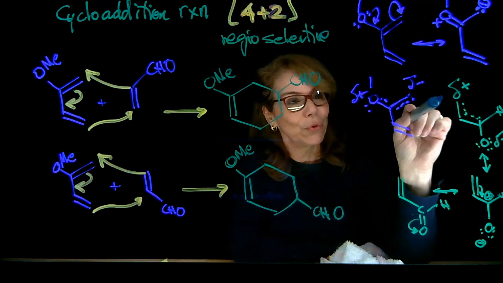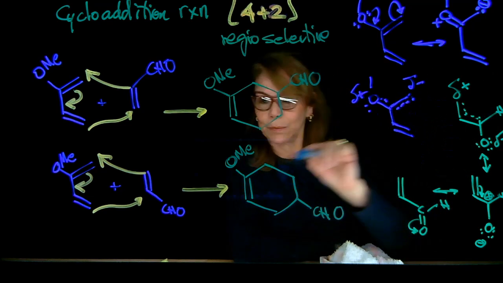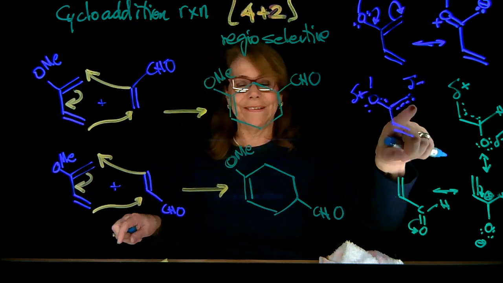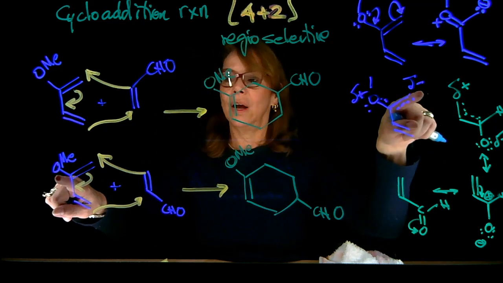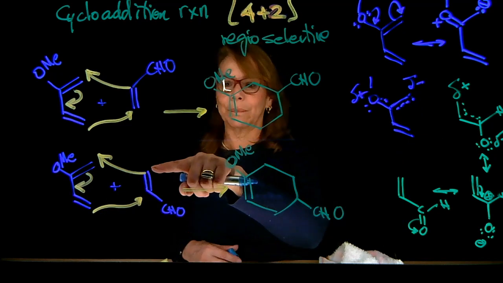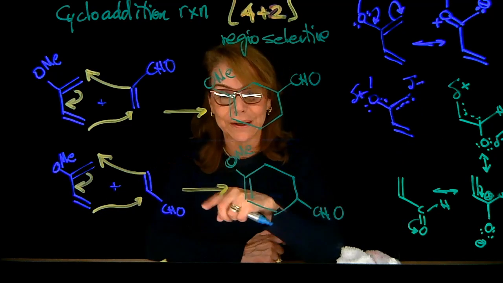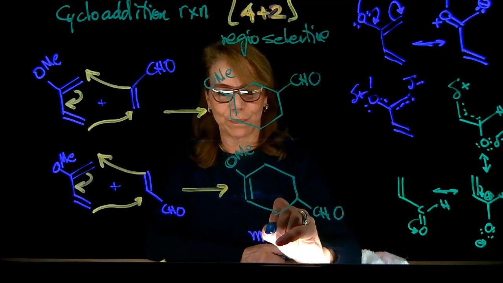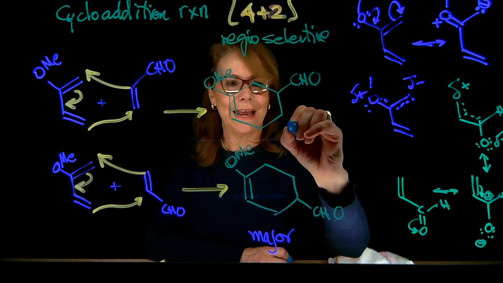So if you do the Diels-Alder with this orientation, notice the similarity here, I have the O. That's my delta negative end close to my delta positive end. So that will give me the major product. That's major and that's minor.